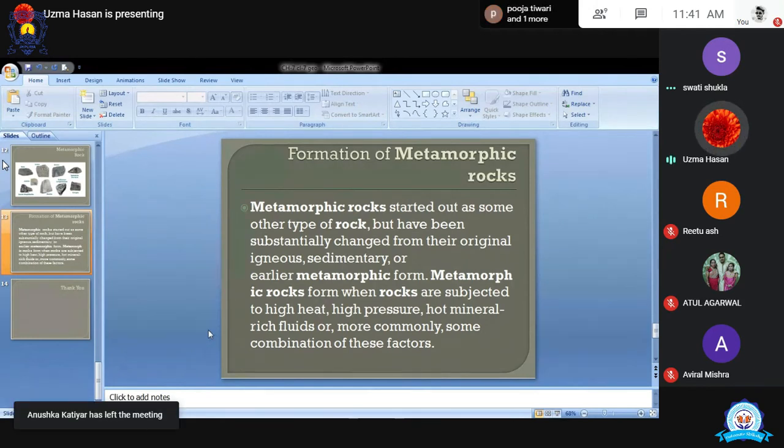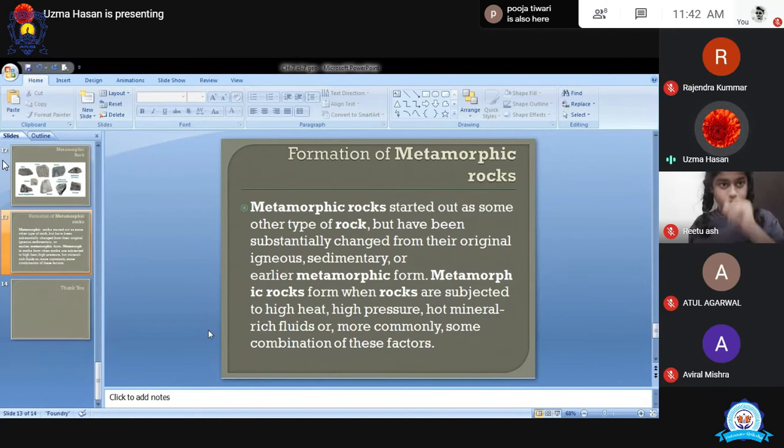It comes in contact with high temperature, high pressure, and hot mineral-rich fluids like liquid iron, nickel, and silicon. Actually, the minerals are in liquid condition at high temperature.